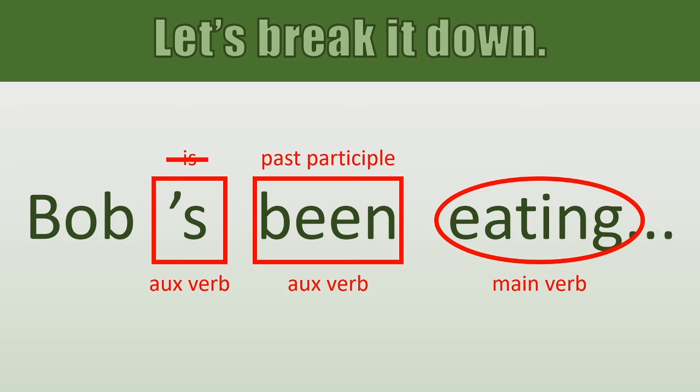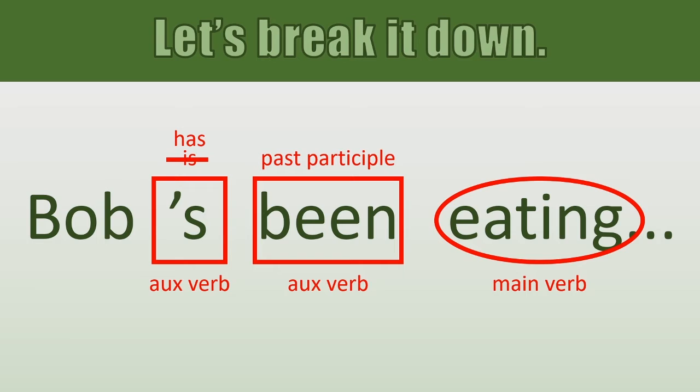We use be and past participle for passive voice. We've been through this. This cannot be passive voice. This is an active voice sentence. Bob is doing the action. Always be thinking. So this is not is. What is it? Yes, exactly.